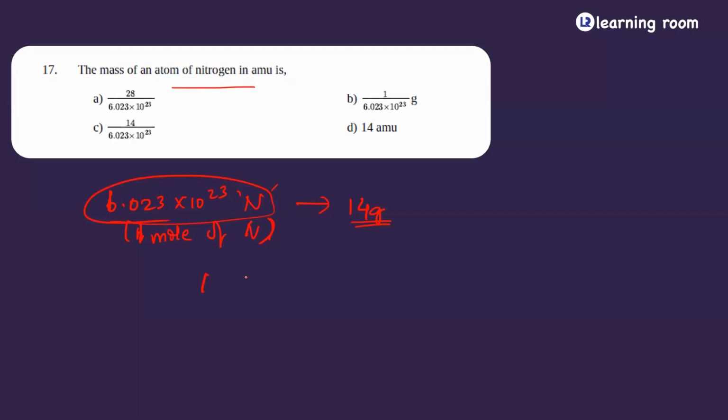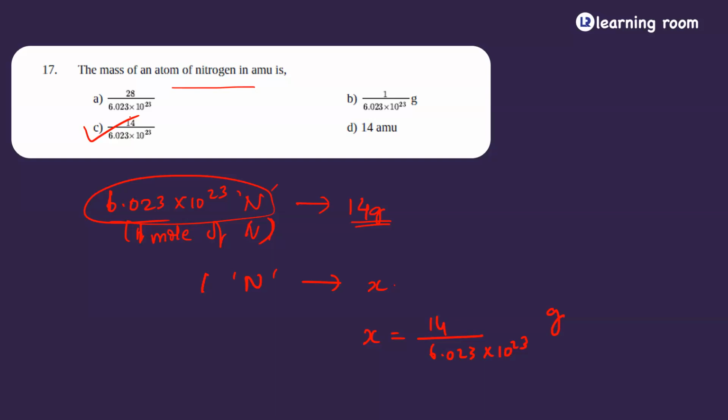What is the weight of 1 nitrogen atom? X. Correct? So X is equal to 14 by 6.023 into 10 to the power of 23 grams. Can we say that? Yes, ma'am. So option C will be the right answer.